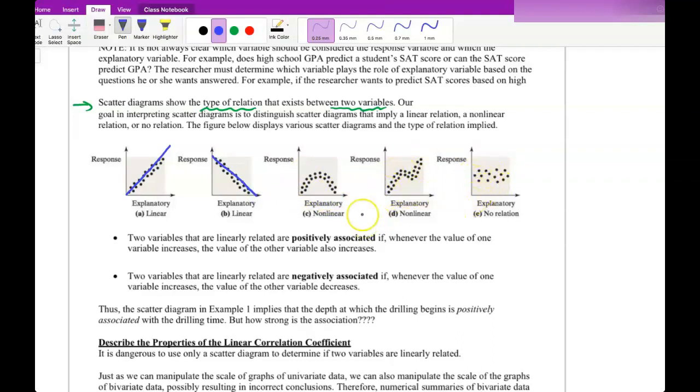Here, same thing, not able to draw a straight line. And for this one, we don't have any relation between x and y. As you can see, we're not able to draw a straight line, that's why this is non-linear, and this also is non-linear. But these two are linear. The difference between these two is that here the slope is positive and here the slope is negative.